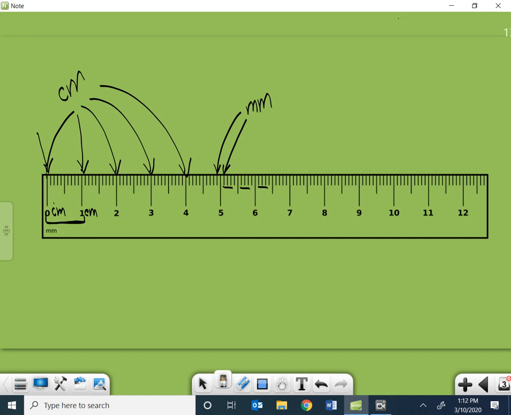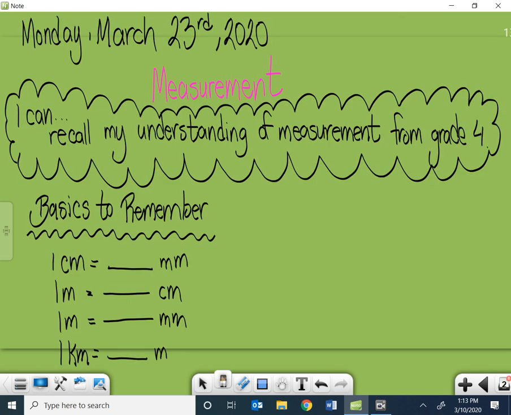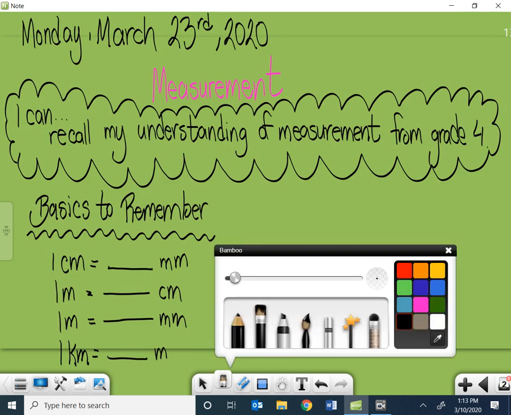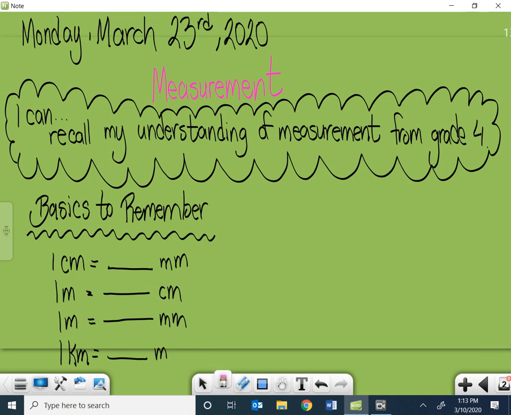If we're at 0 centimeters and I count each one of those ticks, 1, 2, 3, 4, 5, 6, 7, 8, 9, 10, there are 10 millimeters in 1 centimeter. But also, hopefully that just comes to you, like your multiplication facts or mental math that you should know. And if not, make sure you memorize that. So 1 centimeter, you should have ingrained in your mind, is 10 millimeters.